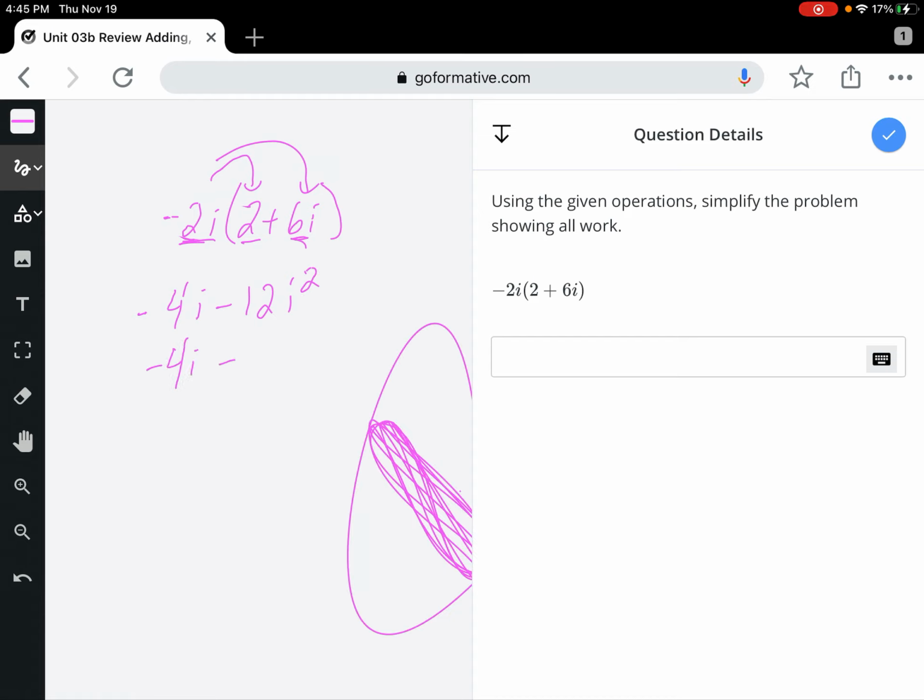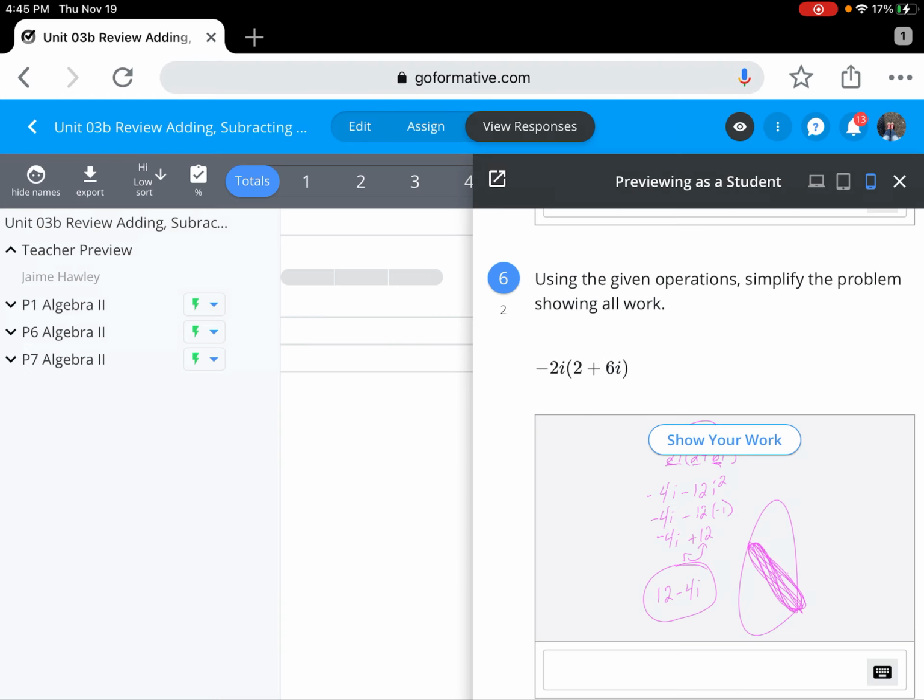I know that i squared is equal to negative 1, so I'm going to replace my i squared with negative 1. This is negative 4i plus 12 now, but remember, we need to switch their spots to have it in standard form, so it should be 12 minus 4i.